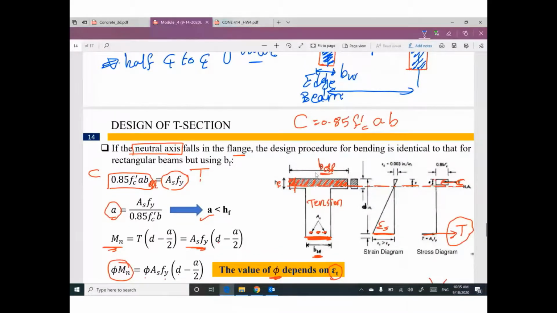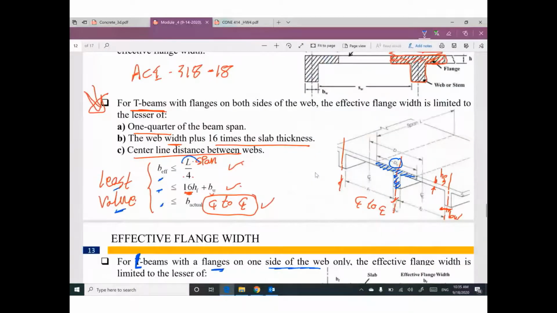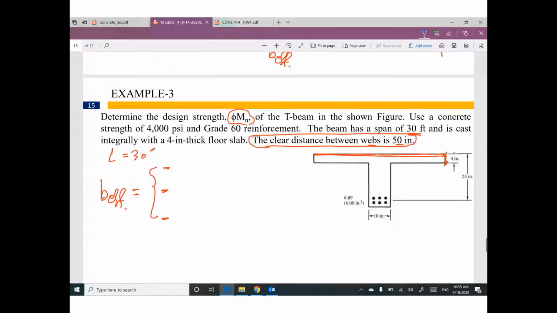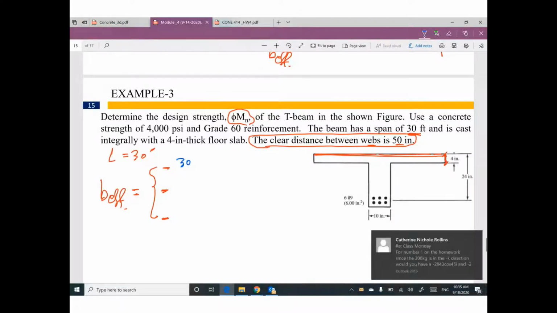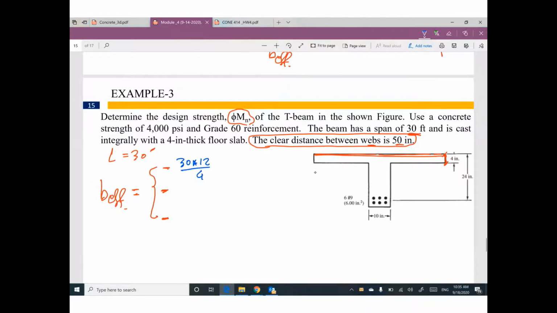Let's do it. Span divided by 4. Span of this beam equals 30 feet times 12 to be in inches, divided by 4.